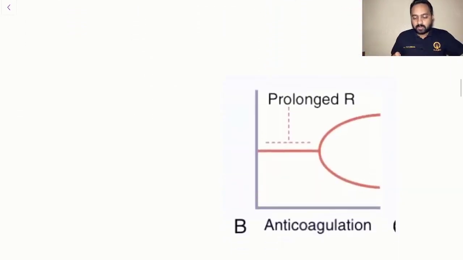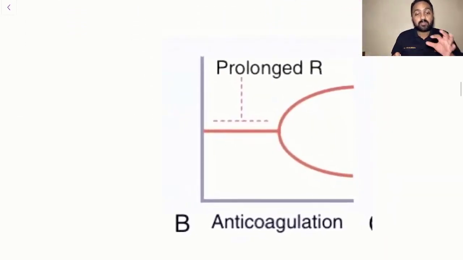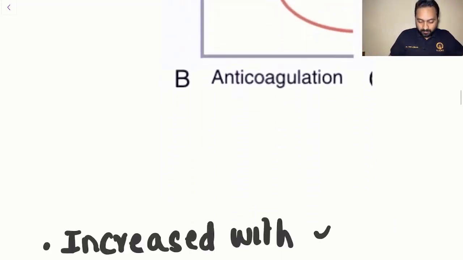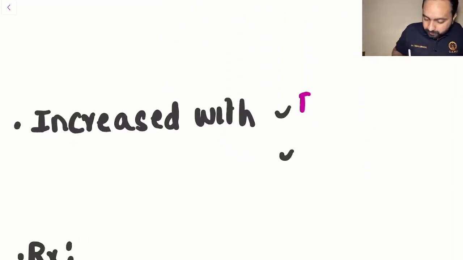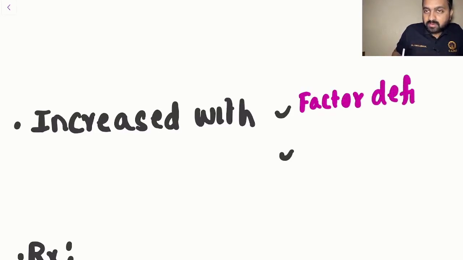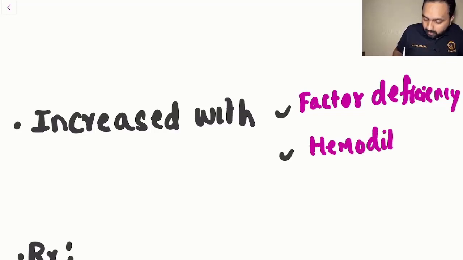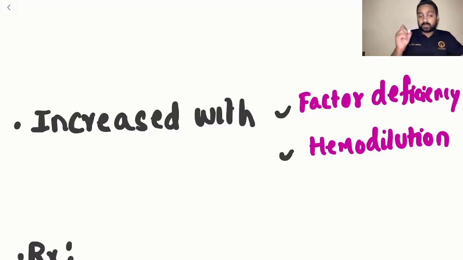If you see over here, it is showing a prolonged R. Now what are the conditions that actually lead to a prolonged R? It is increased with factor deficiency and hemodilution.